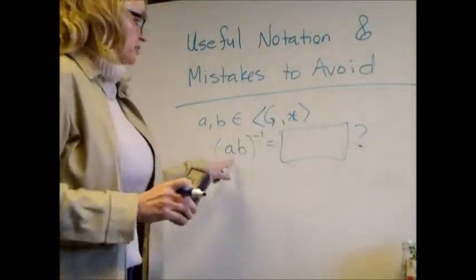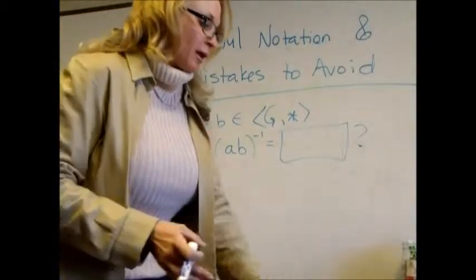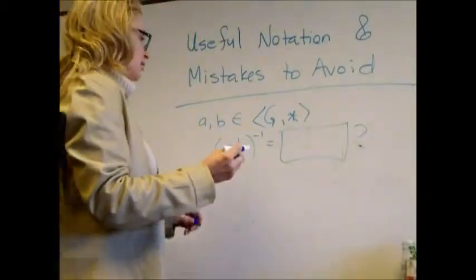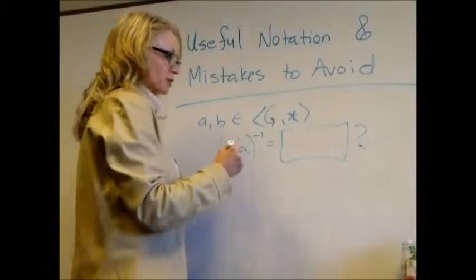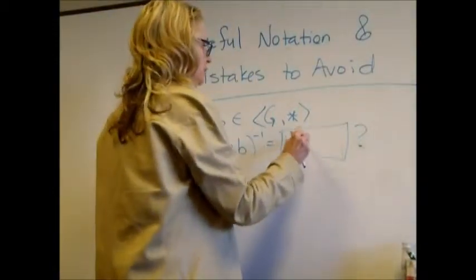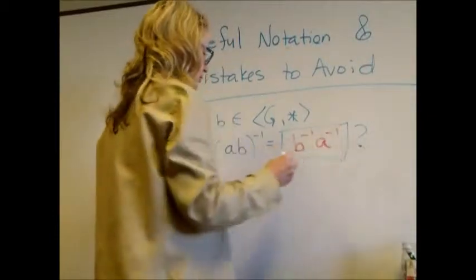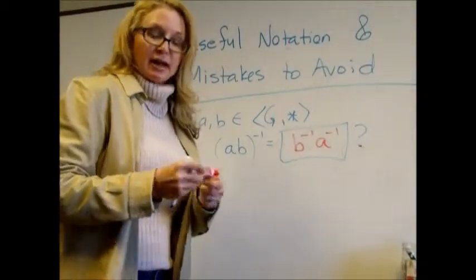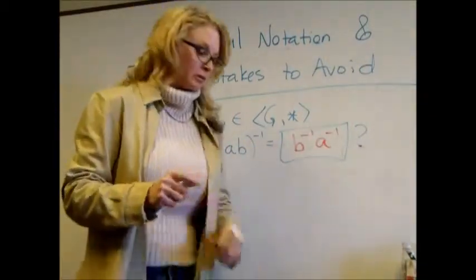So what is the inverse to the product of a and b? Then it turns out that the inverse here is actually given by b inverse a inverse, not a inverse b inverse, unless the group happens to be abelian.